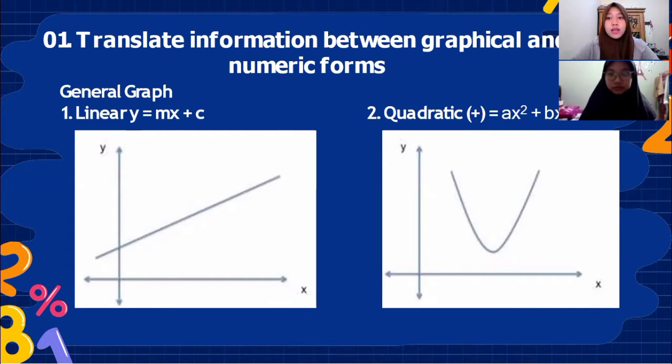Here, m is the gradient, and c is the value of y where the line cuts the y-axis. This number c is called the intercept on the y-axis.